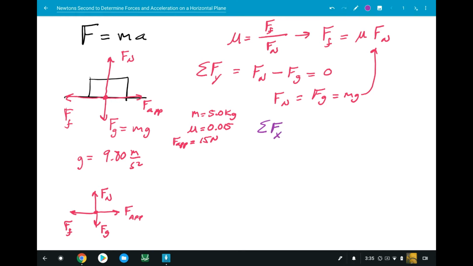horizontal component. So in this case, Fx is going to equal minus F sub F, that's the friction force, plus the applied force, which is going to the right, and this is going to be equal to ma. So the system is accelerating.